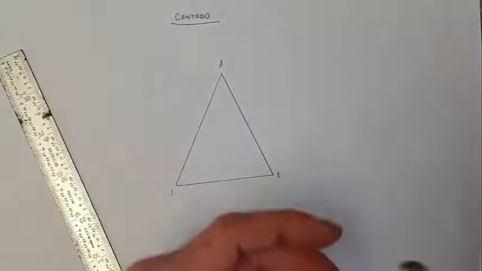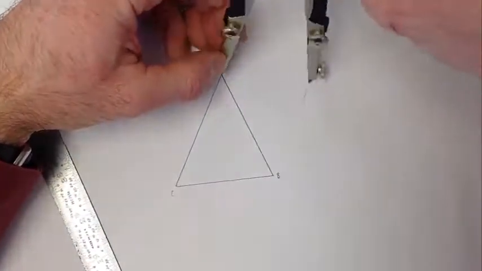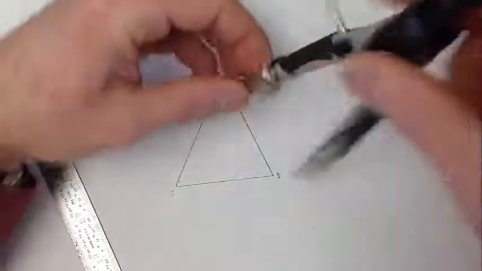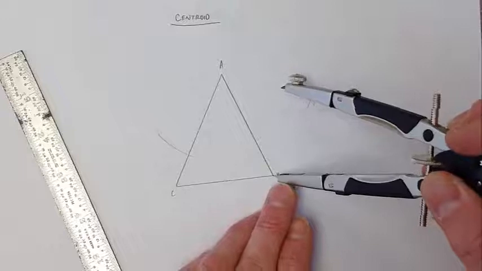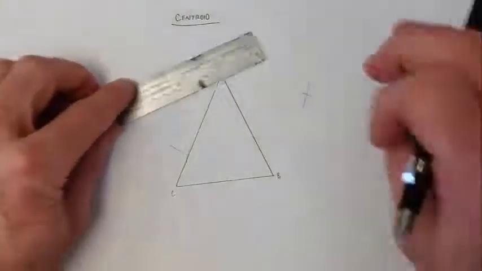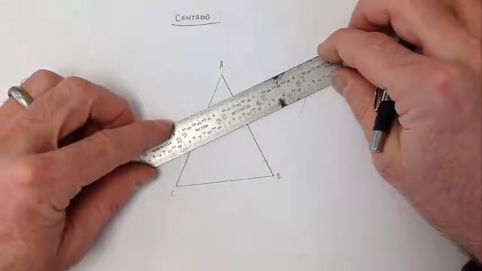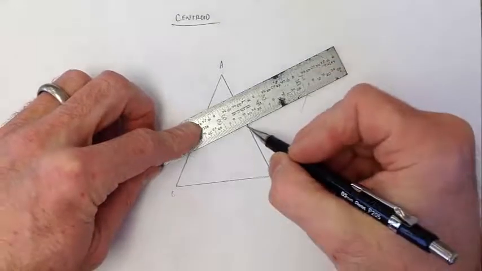I'll start with side AB. Again, here's our perpendicular bisector. We're interested only in the midpoint, right there.